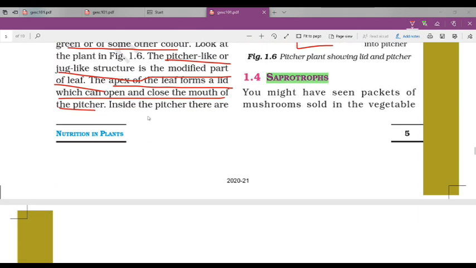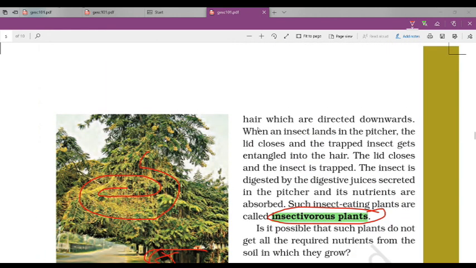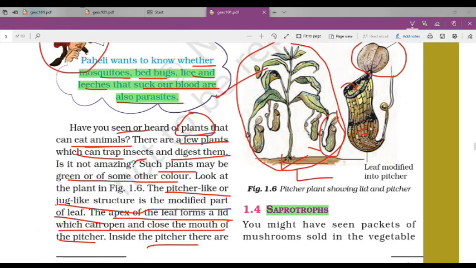Now inside the pitcher there are hairs which are directed downwards. So if any insect enters, it can easily enter, but it cannot come outside because of the downward-directed hairs, which do not help the insect to come out. There is also some liquid inside, which is jelly-like and sticky in nature.